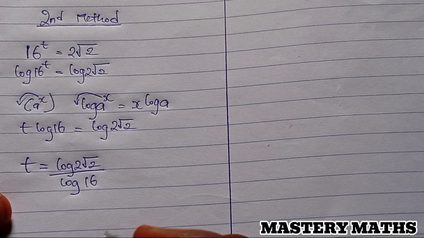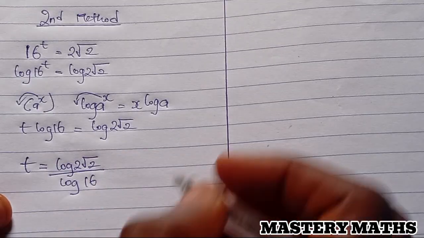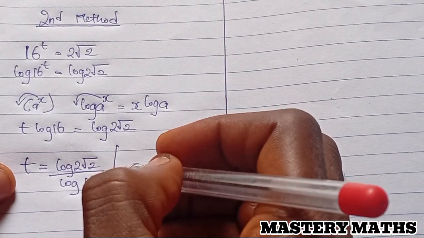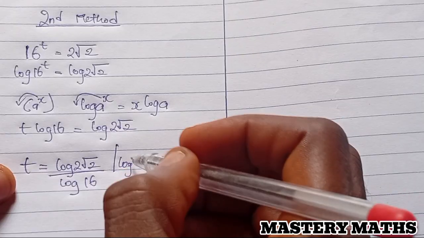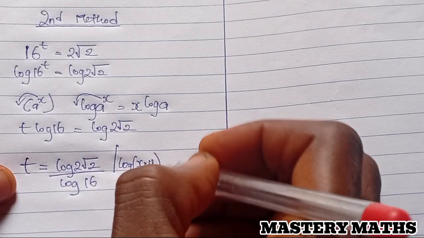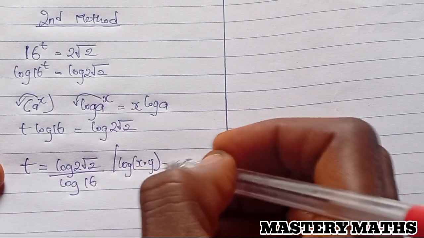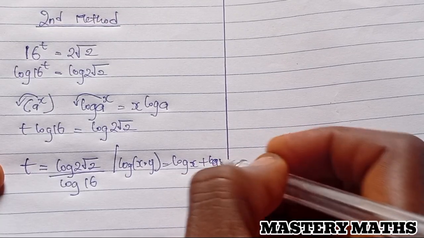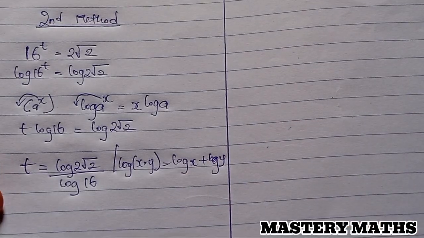Now, after doing this, what should be the next thing? Now we need to obey the law of logs, which says that when you have log x times y, it gives us log x plus log y. That's the law we'll obey here.